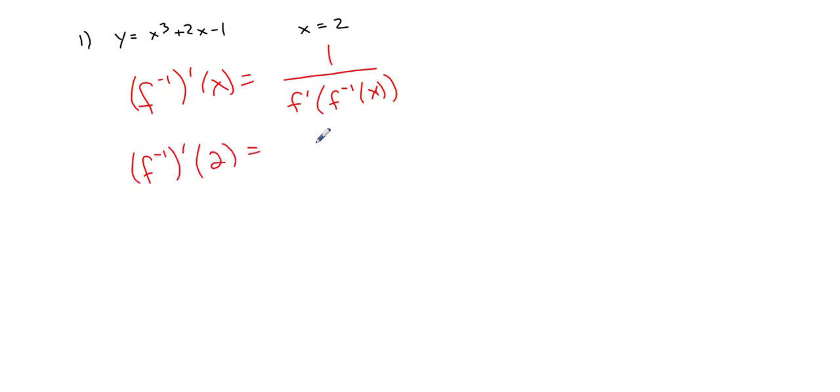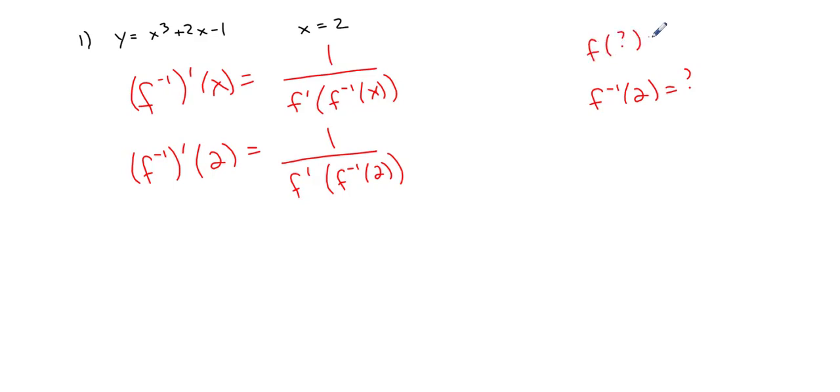It's kind of tricky, this inverse business, especially if I start writing inverse instead of derivatives. That'd be really tricky. Again, f inverse of 2 equals we don't know. That means that f of we don't know equals 2. That's kind of the main key. We've got to be able to substitute right here.